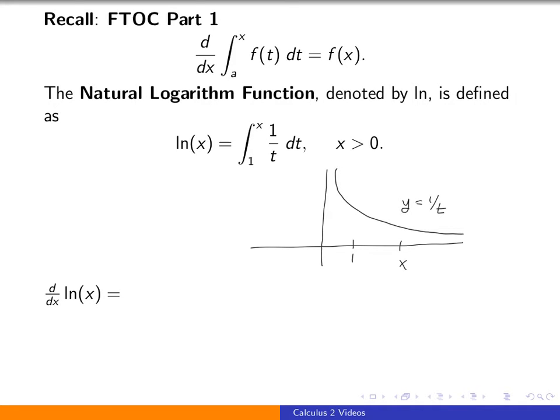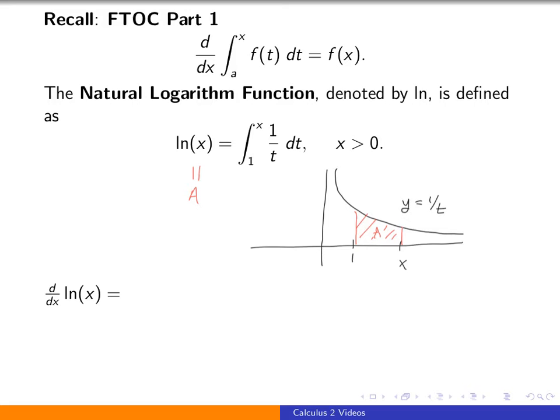So natural log of x, and in the picture here I've drawn x to be bigger than 1, you have this region enclosed underneath the curve, and I'll say it has area A. The natural log of x is equal to that value of A. If x was a value which was less than 1, the natural log would end up being a negative quantity.